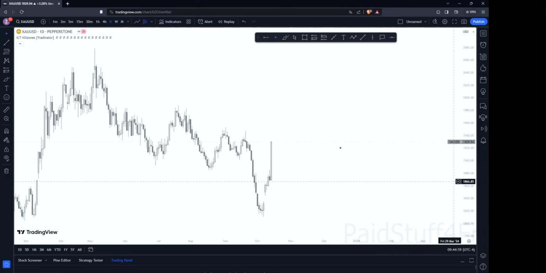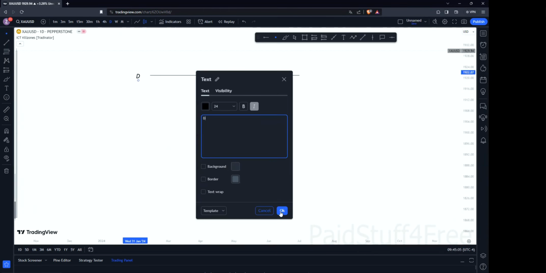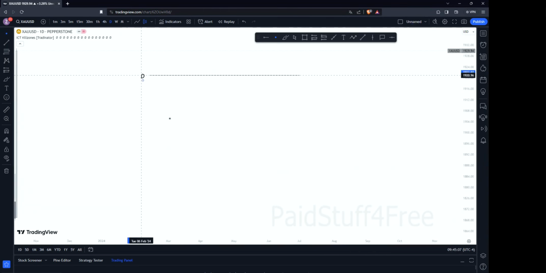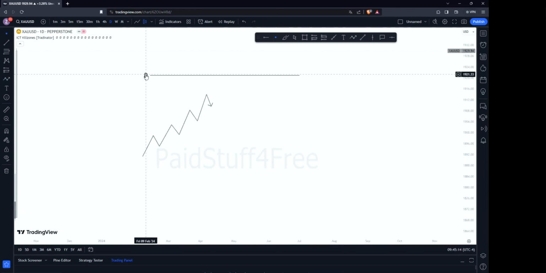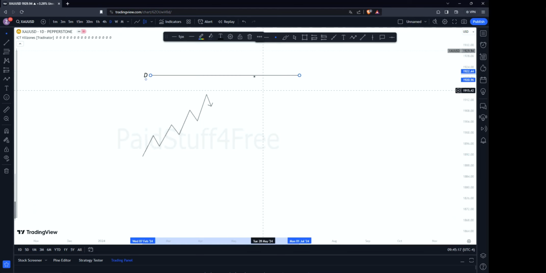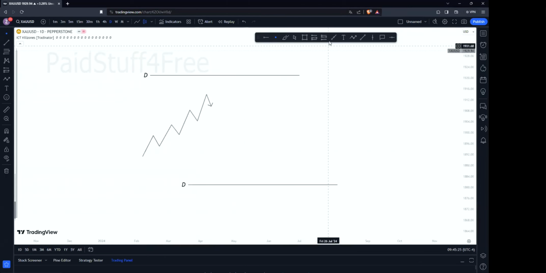Now you have a daily level right here, and price is approaching that daily level. We said that price moves from daily to daily, and the first sign that price is going to move from this daily to the other daily is a rejection.